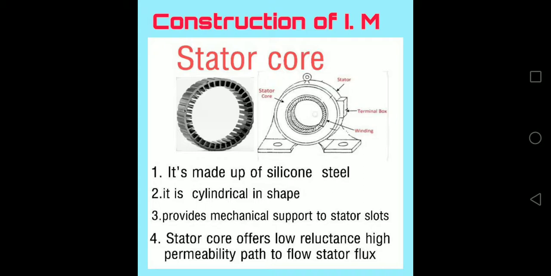To make the flux flow, a low reluctance, high permeability path material must be selected. Low reluctance, high permeability path is given by silicon steel material.